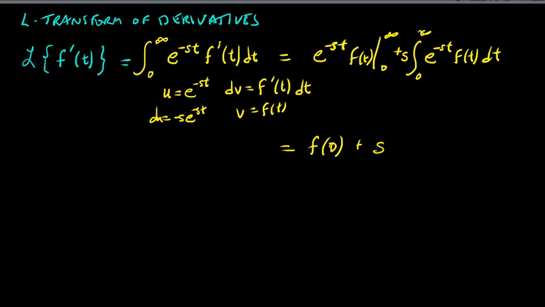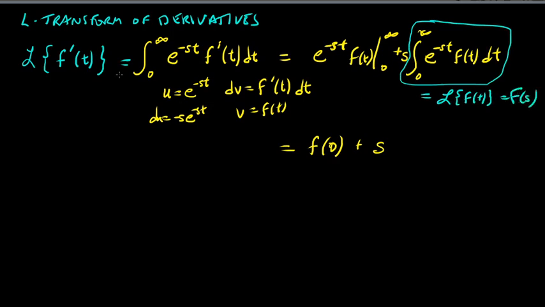Well, this should look familiar. This integral is nothing more than the Laplace transform of f of t, also known as capital F of s. So there you go. This is s times capital F of s. So that's the Laplace transform of the derivative of f.